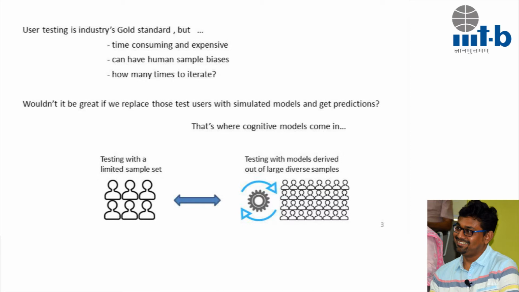The cognitive modeling approach is again an approach within user-centered design, wherein you create those models early, through a lot of data collection, empirical experiments from a bigger, diverse set of users. And once your models are created, you use them as simulation tools to test your products.